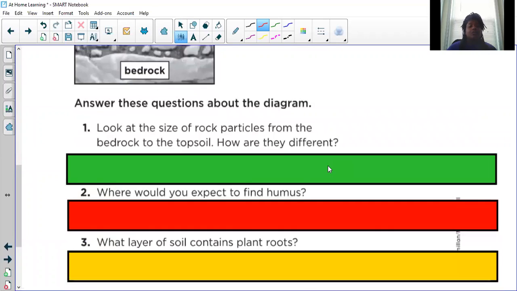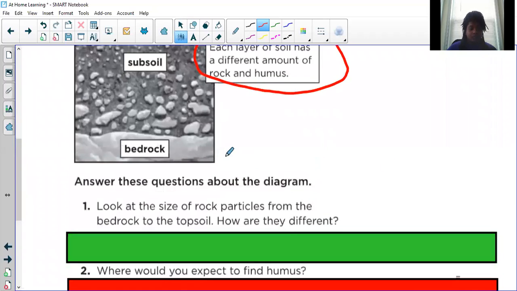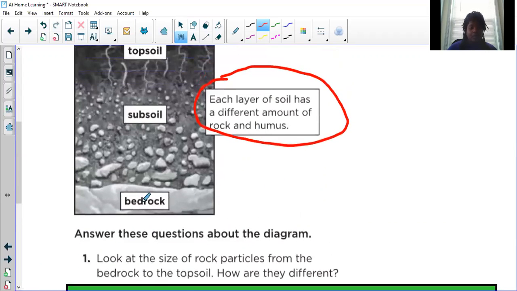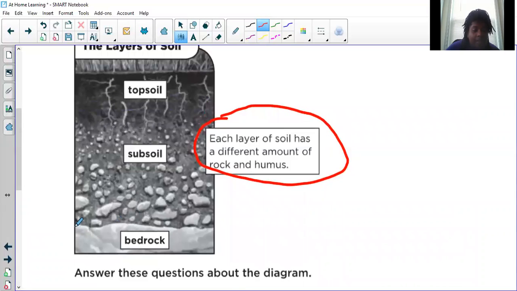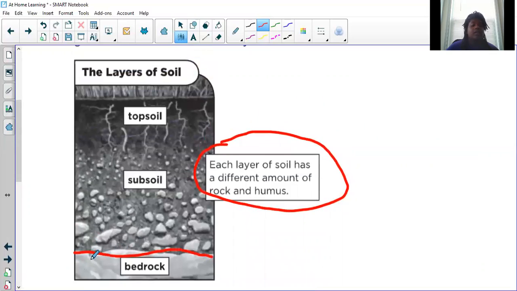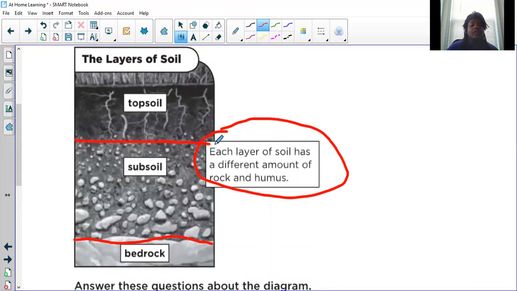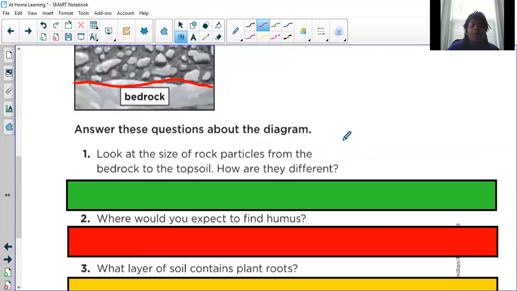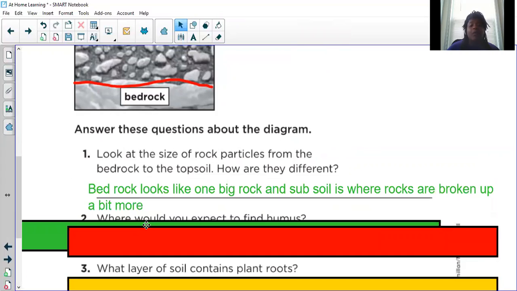So let's read it. It says, look at the size of the rock particles from the bedrock to the topsoil. So as you look at the size of the rock particles, this is the bedrock, and this is the topsoil. I like to separate it so I can look. How are they different? So I put that bedrock looks like one big rock, and subsoil is where the rocks are being broken up a bit more.